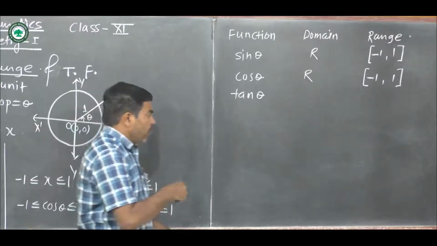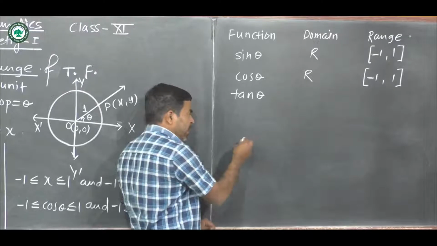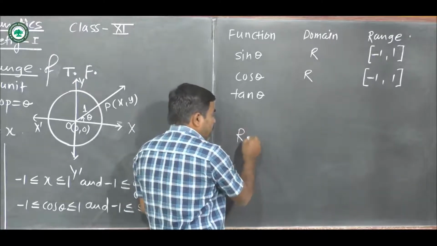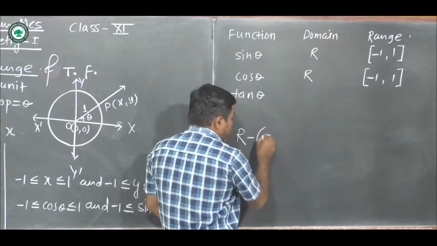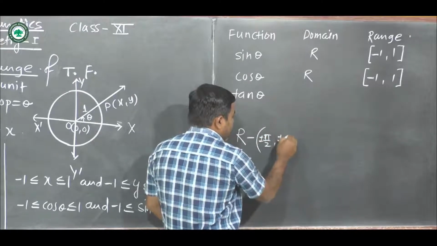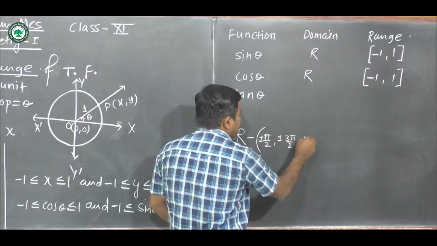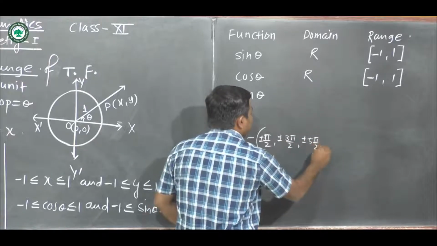It means that we have to eliminate pi by 2, plus or minus pi by 2, plus or minus 3 pi by 2, plus or minus 5 pi by 2 and so on.